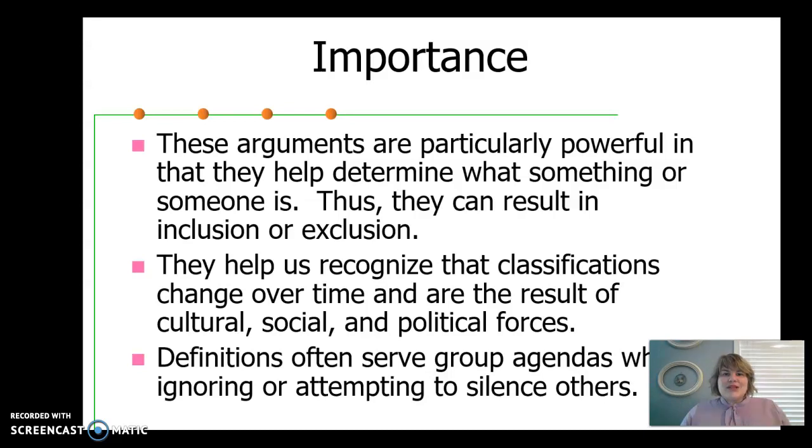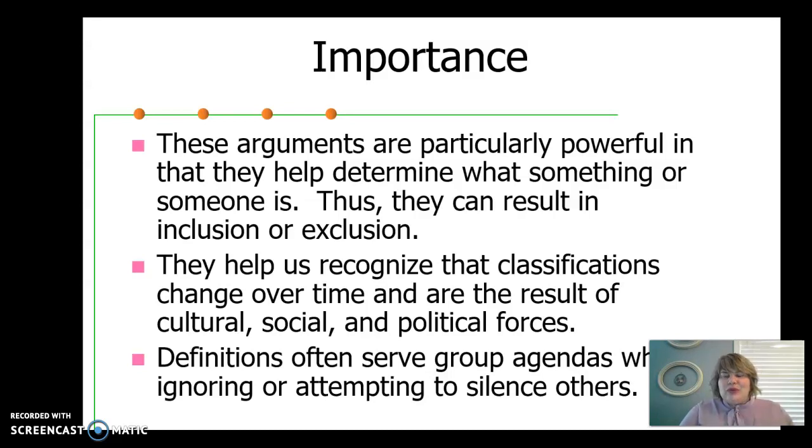So they also help us understand that words and their meanings and definitions change over time. So language is a very dynamic thing. It's always changing. Culture is a dynamic thing. It's always changing.